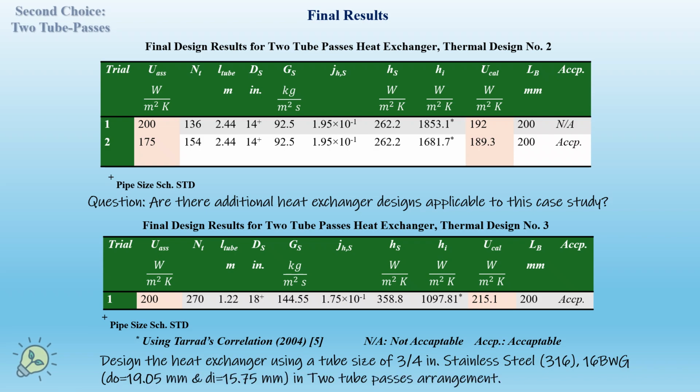I will be happy to help if you start your design for two tube passes by using 3/4 inch stainless steel 316 with 16 Birmingham wire gauge, just to try for practice, and then we will get a final design.